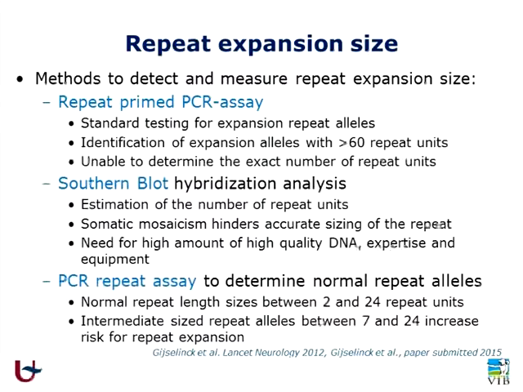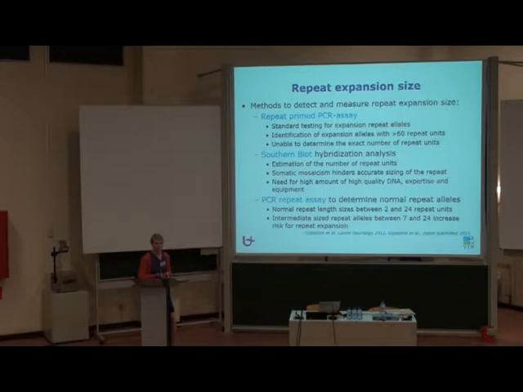If we want to know how long the repeat is, we can use Southern blot hybridization analysis. With this, you can only make an estimate of the number of repeat units because of somatic mosaicism that hinders accurate sizing of the repeat. And you also need a high amount of high quality DNA, specific expertise and specific equipment that is not always available in all diagnostic labs.